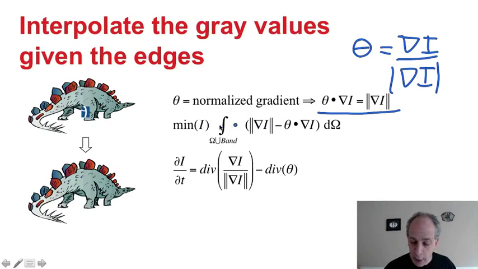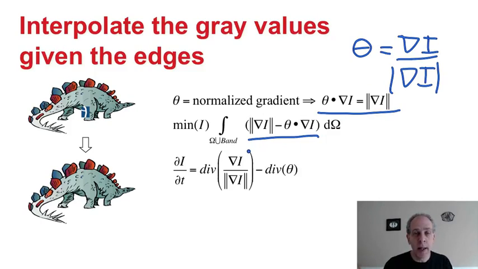We are going to optimize for the image in such a way that it is consistent with the gradient that we were given. That consistency is exactly what we have here. When the image holds this, it becomes 0, and then what's inside here is as small as possible.